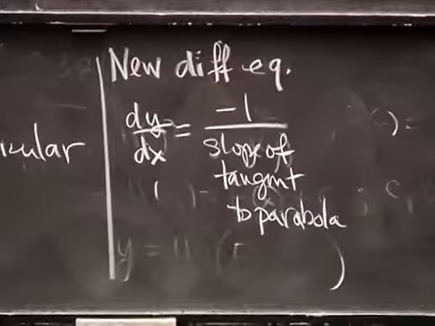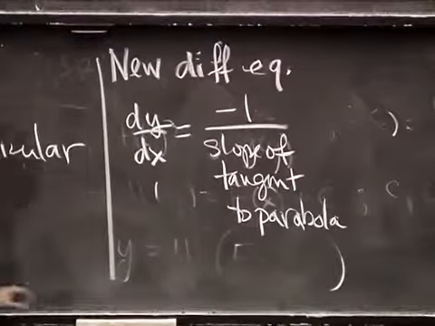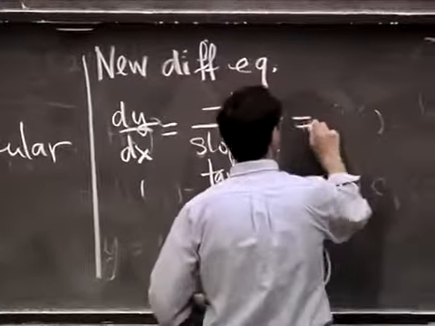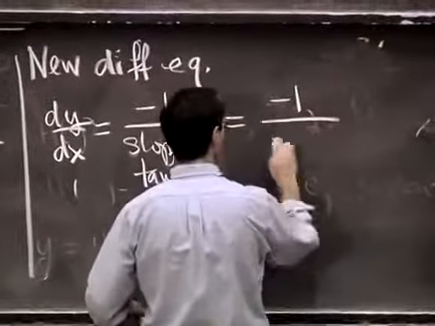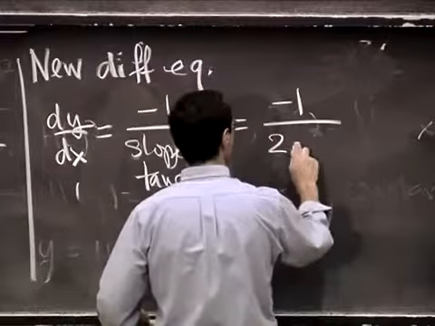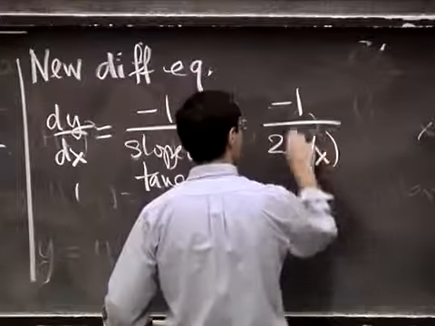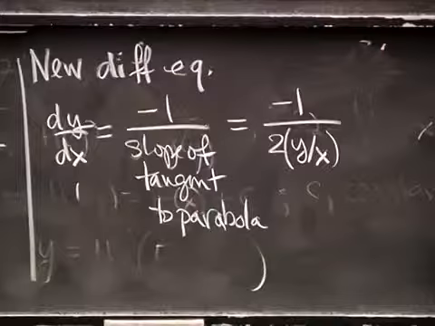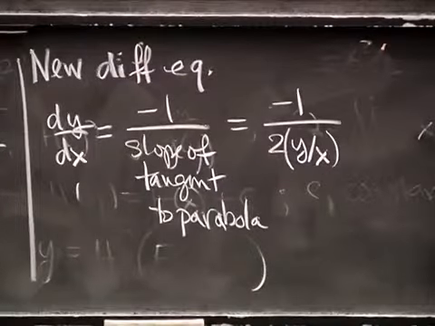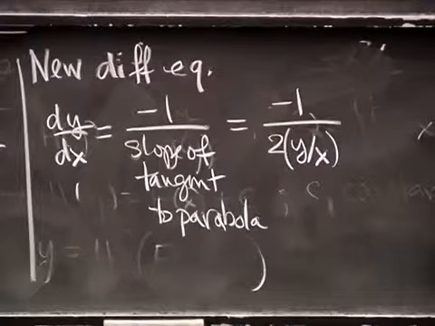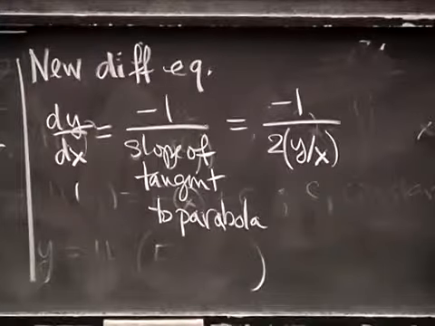Okay, so that's the equation. That's actually fairly easy to write down because it's minus 1 divided by 2y divided by x. Right? That's the slope of the parabola. Right? 2y divided by x.